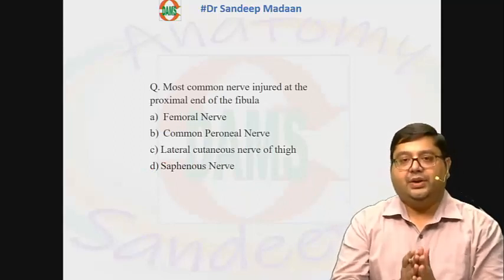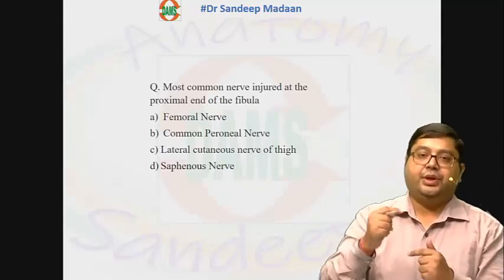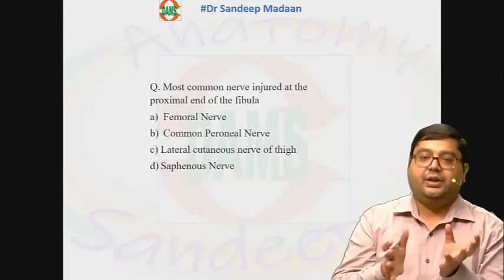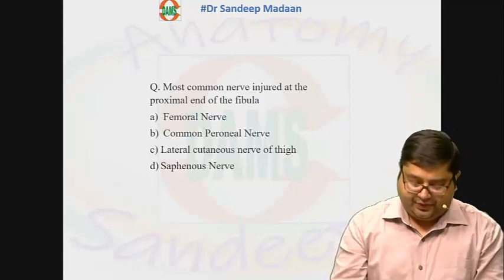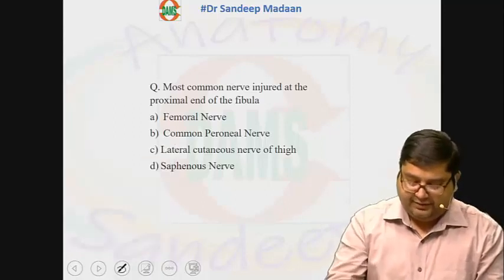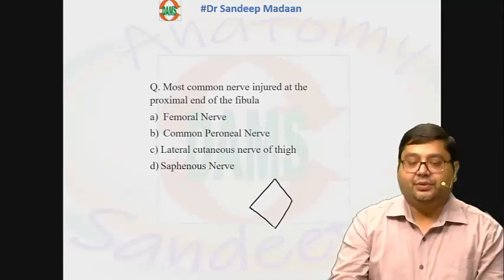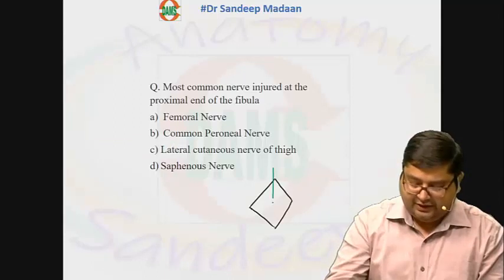Now in the class, I always discuss the popliteal fossa. After that, before going to the leg, we always discuss the conceptual understanding of how the nerves are distributed into the different compartments of the leg, right? So in the popliteal fossa we have this nerve coming, and this nerve is the sciatic nerve.